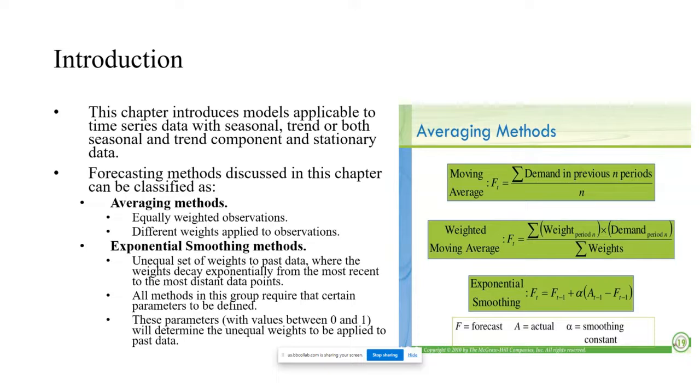Now, under the exponential smoothing methods, all methods in this group require that certain parameters be defined before you perform the analysis. These parameters, with values between 0 and 1, will determine the unequal weights to be applied to past data.